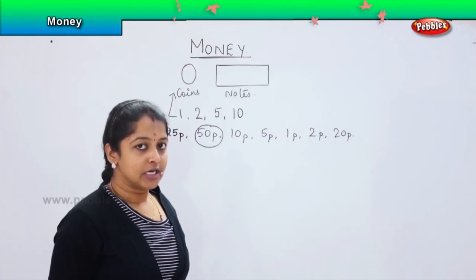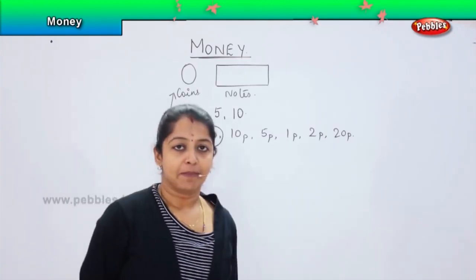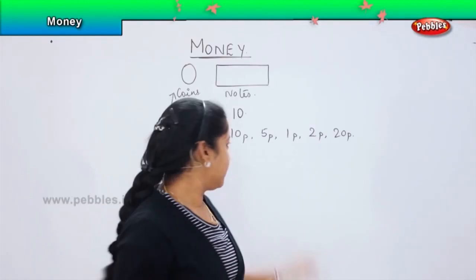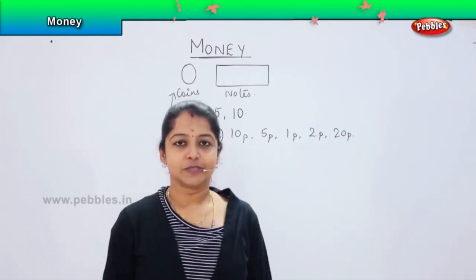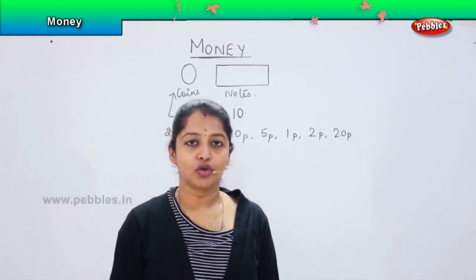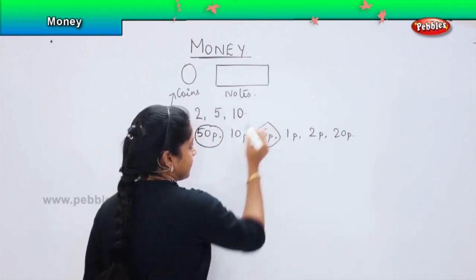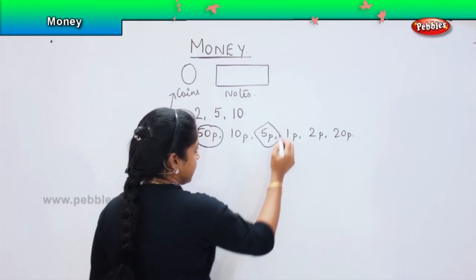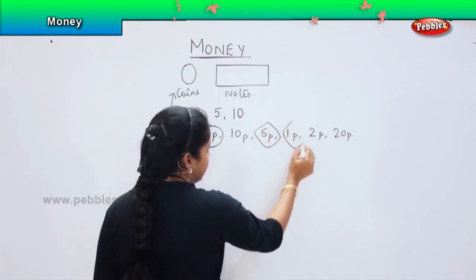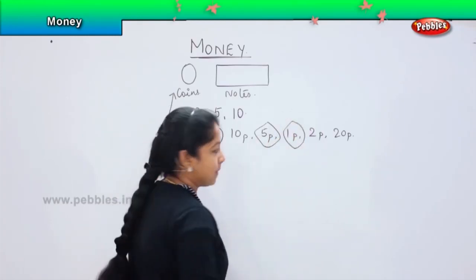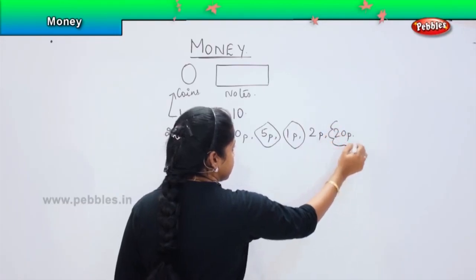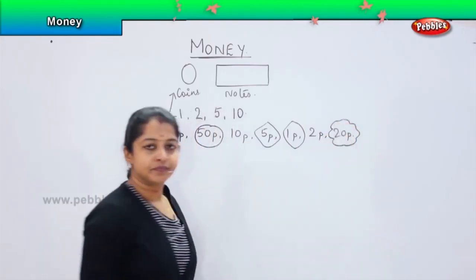So, if you get a chance, you can ask your grandparents or your parents if they have a collection of these paise coins, and ask them to show you. Some will be in a diamond shape like this. Some will be in a square shape, in a diamond shape. You will also have it in this shape. Yes.